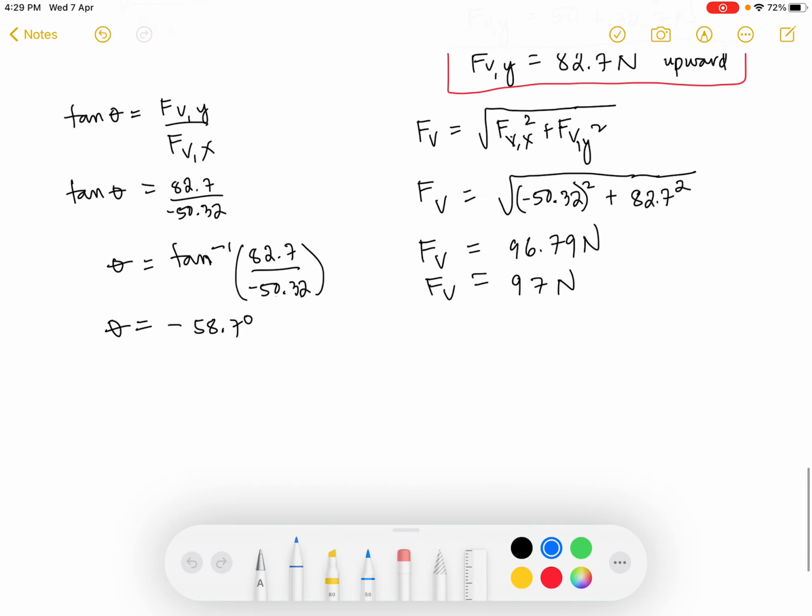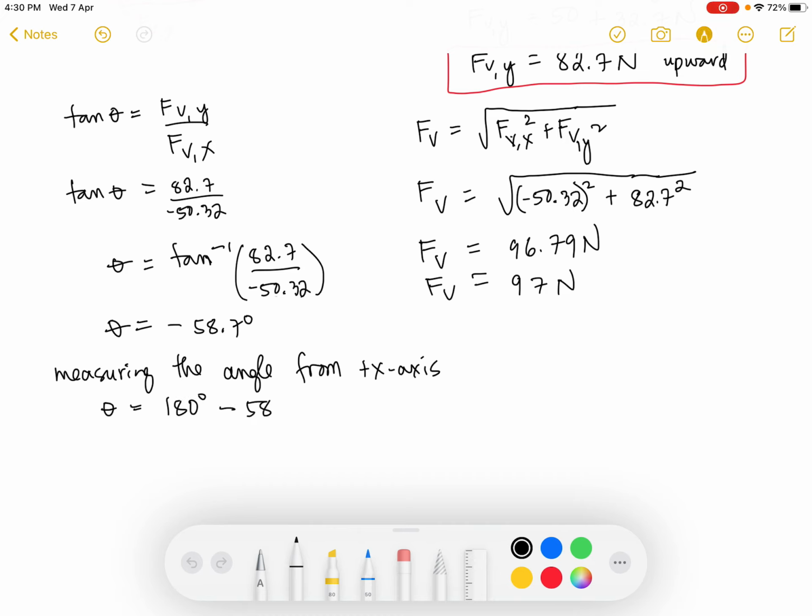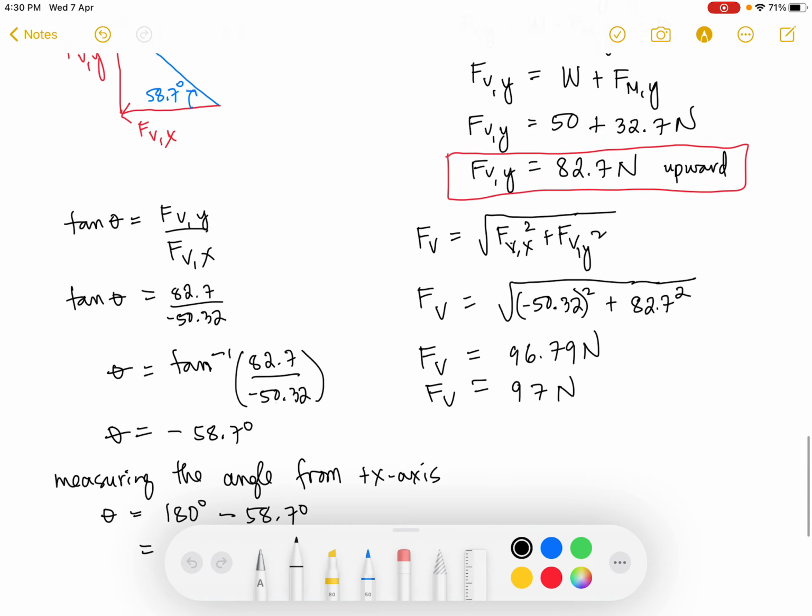But if you measure the angle from the positive x-axis, then your angle will be 180 degrees minus 58.7 degrees. So that will be 121.3 degrees.